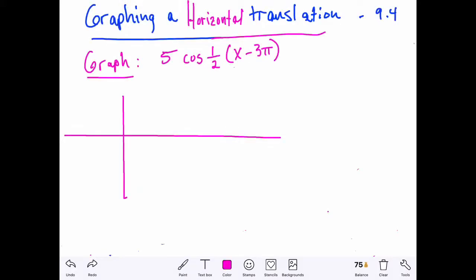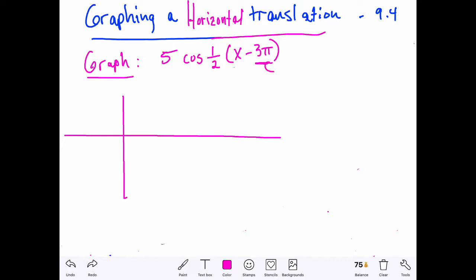Okay guys, let's now look at graphing a horizontal translation. And again, it's the same general form, which can be found on page 488. Okay, so again, here's my horizontal translation, and remember it's minus, so that would be 3 pi to which direction?